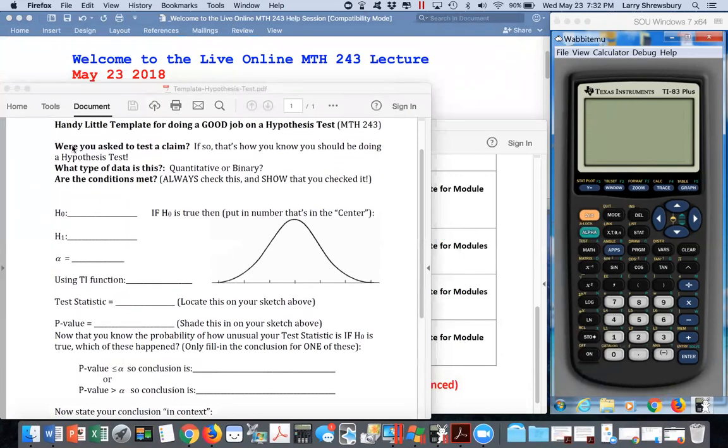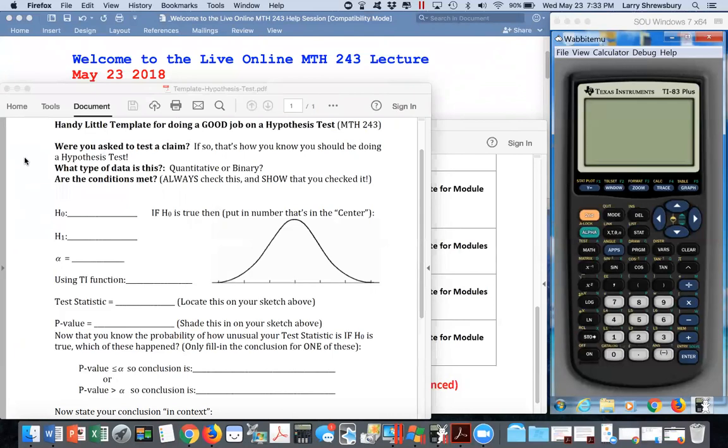Now here are the questions that you want to always get in the habit of asking yourself on every exercise you do. What were you being asked for? Well, you'll notice in this first one here, they're not asking you to construct a confidence interval or calculate a sample size or to calculate the probability of one randomly selected being an interval.